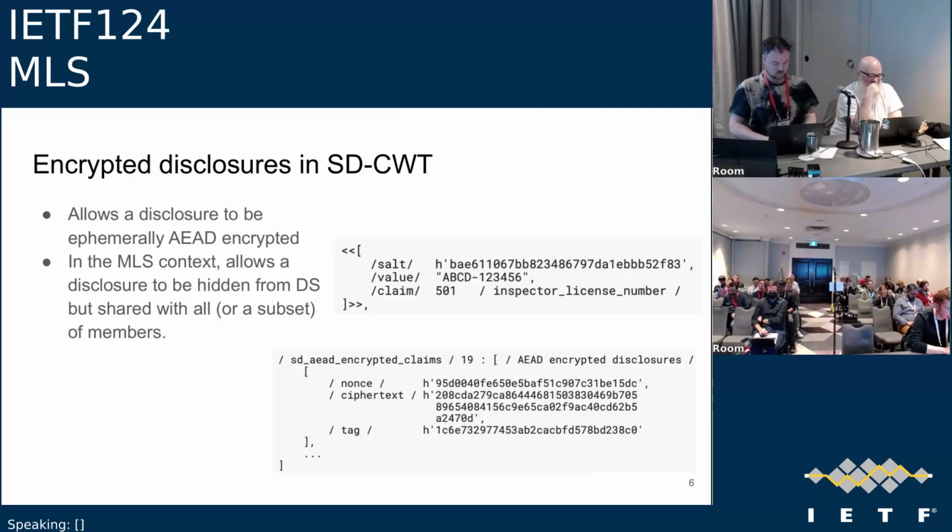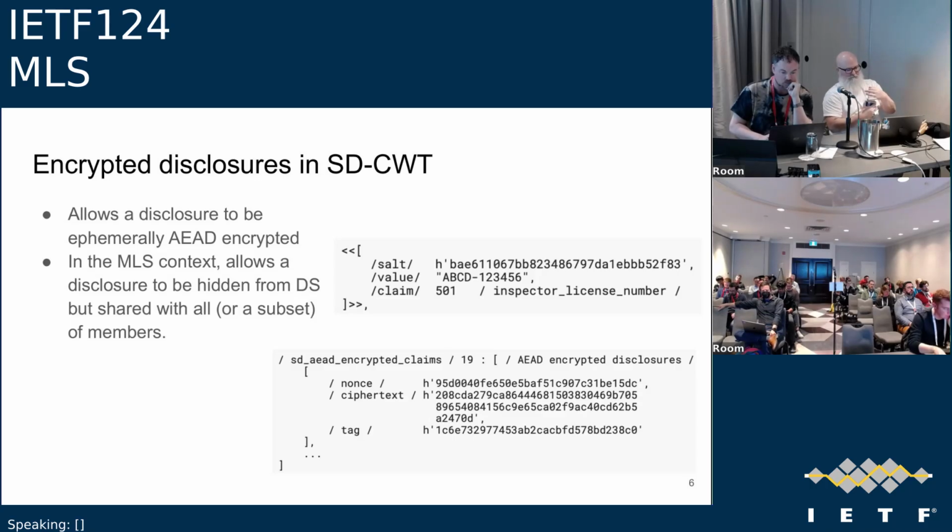Yeah. Okay. There is also the ability to do encrypted disclosures in SD-CWT, and there are basically two use cases for this. One is RATS, and the other is MLS. So it means you could encrypt something with a key that could be known only to the members or a subset of the members, and so they could read those disclosures.